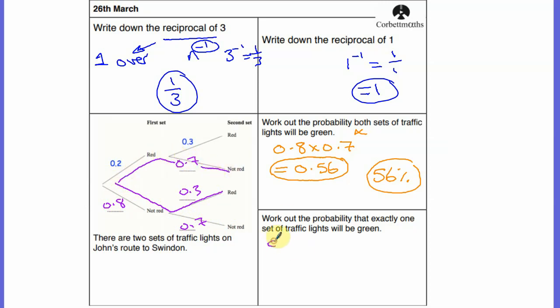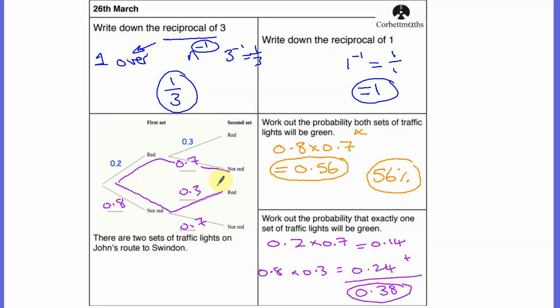So we're going to have 0.2 times 0.7, which is 0.14, and then we're going to have 0.8 times 0.3, which is 0.24. We then add these at this stage, so that's 0.38, or 38% chance of it being green exactly once. The question I was doing before is at least once.